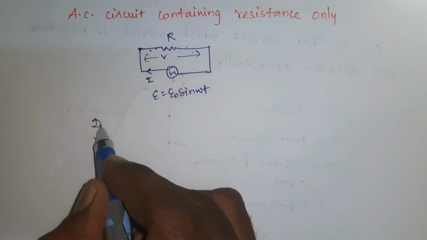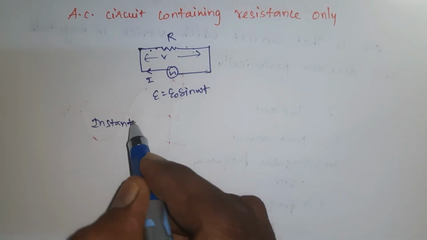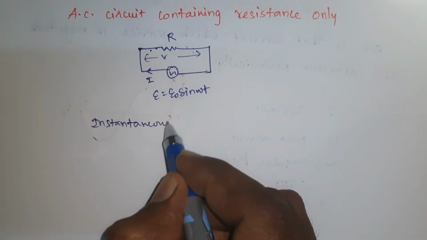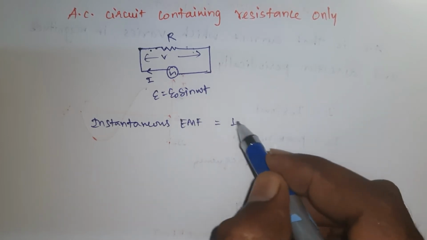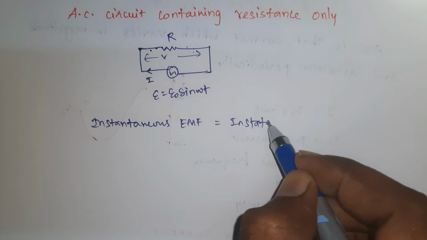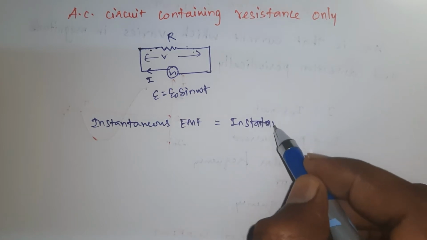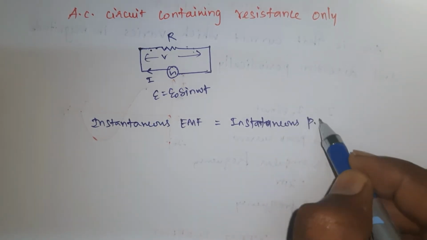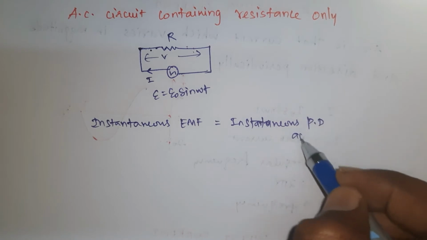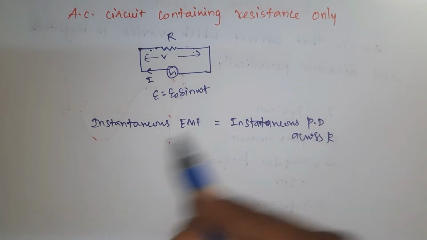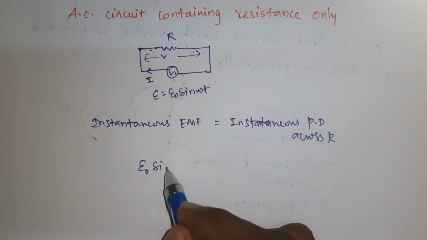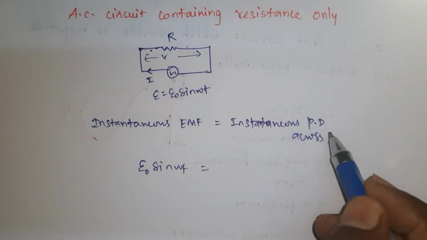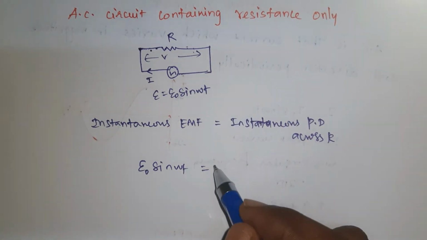So the instantaneous EMF of the source is equal to the instantaneous potential difference across R.